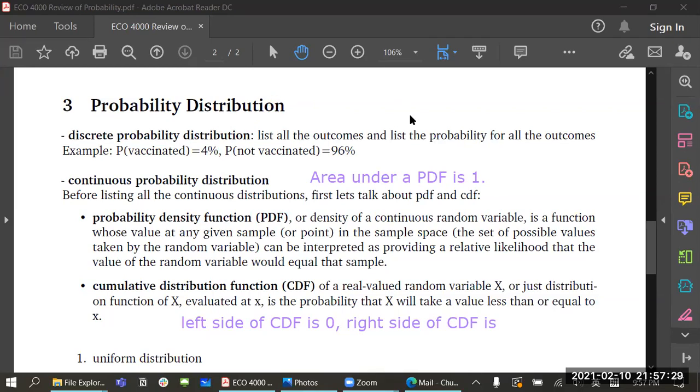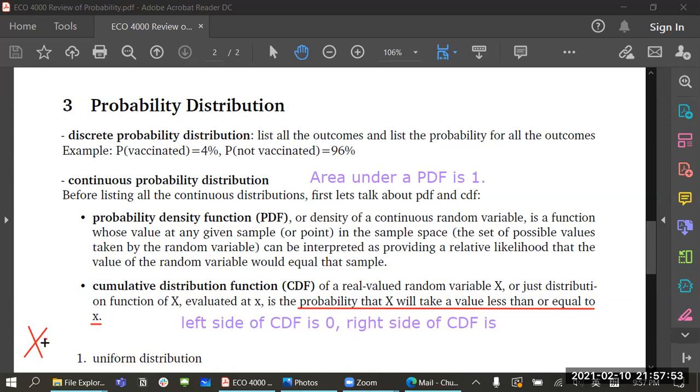This is so complicated. So CDF tells you the probability that variable capital X takes a value less than or equal to a value lowercase x.